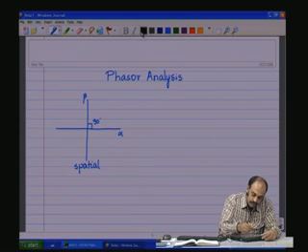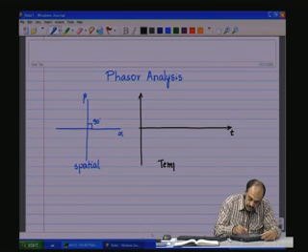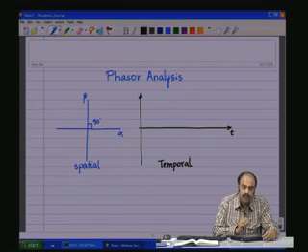And then we have, of course, the temporal coordinate system, which is with respect to time.